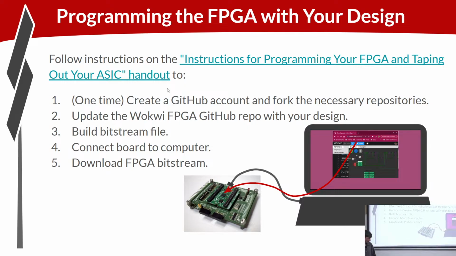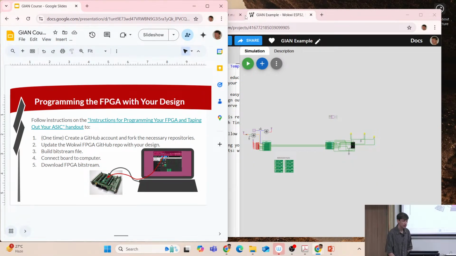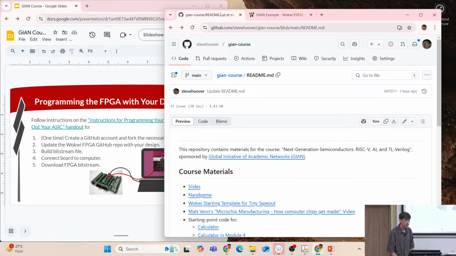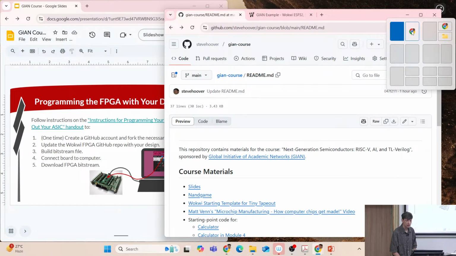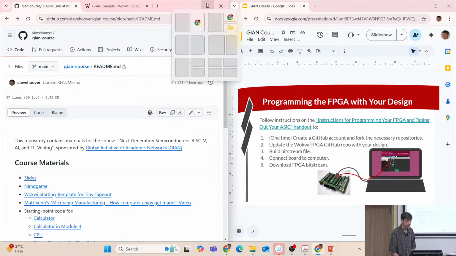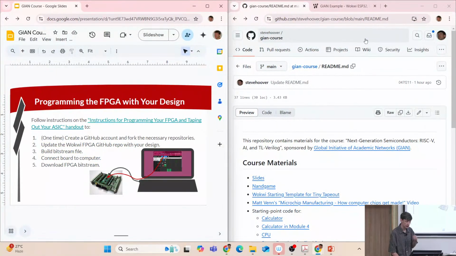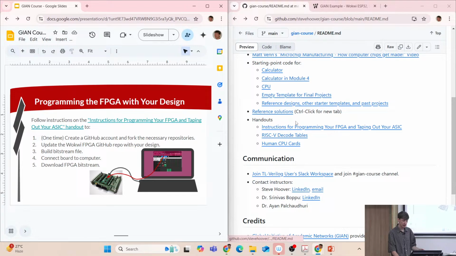So if you go to the GitLab repository, there's a link here for instructions for programming your FPGA and taking out your ASIC.